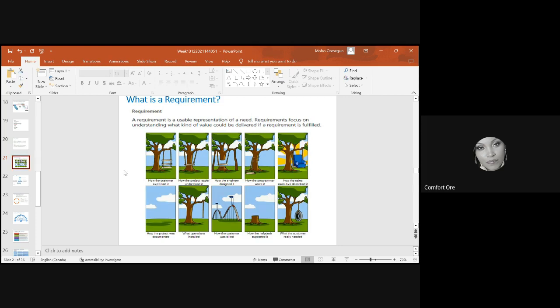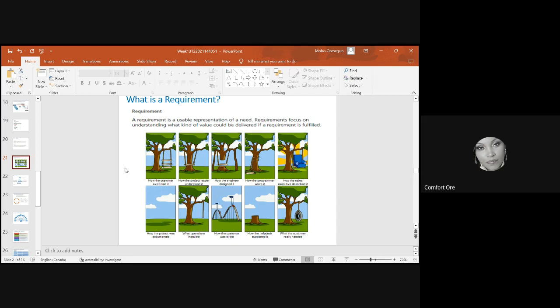So what a requirement is, or what a requirement is not. Okay. A requirement is a usable representation of a need. So how do I break that down? Usable representation of a need.